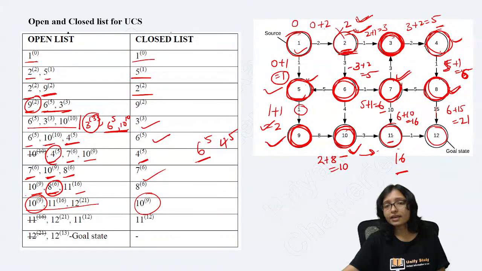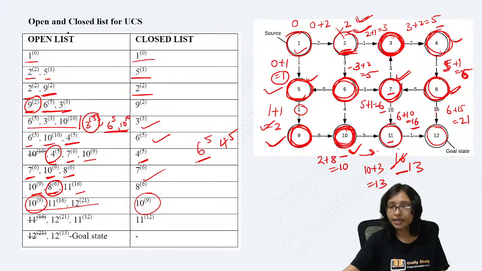When you took 11 via 7, then your answer was coming 16. But when you are coming via 10, then what will be your answer? Then your answer will be 10 plus 3, 13. That's why now this will be updated to 13. Right? Now this will be updated to 13 here.